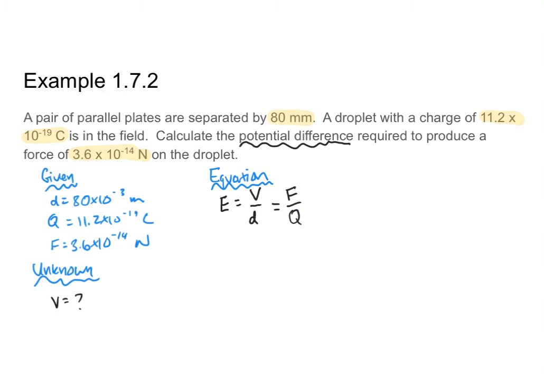So I can get rid of my electric field altogether, because now I have only my givens and my unknown in my equation. And I'm going to solve for voltage, so that V is equal to force per charge times the distance between the parallel plates, which means that I am ready to substitute and solve.